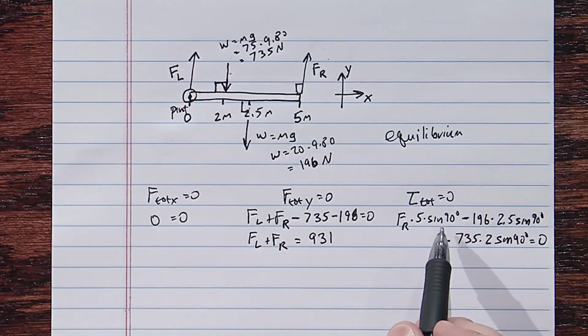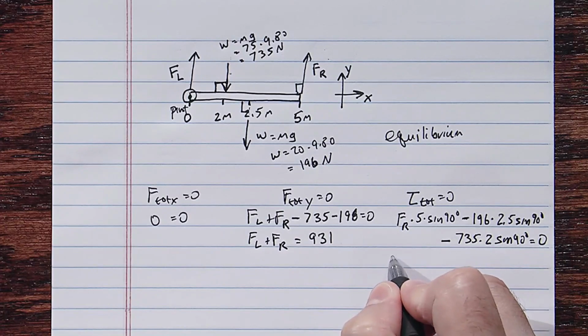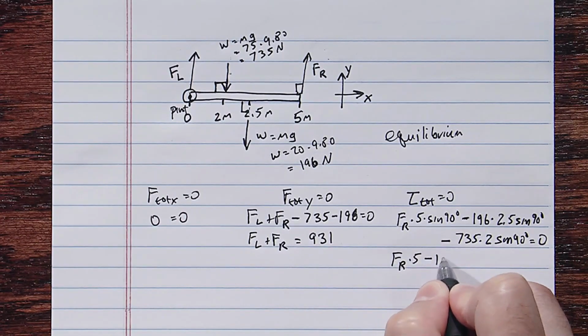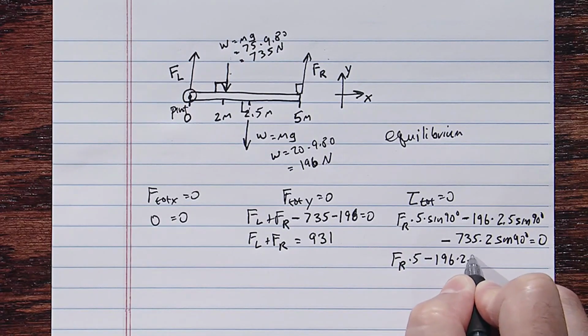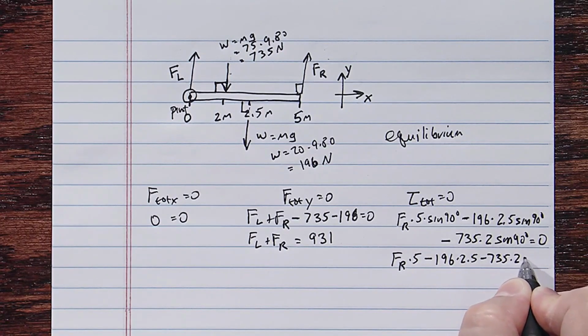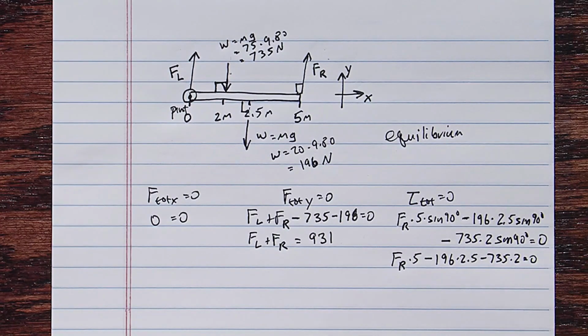Okay, all of these sine of 90 degrees is 1, so all of this simplifies to force right times 5 minus 196 times 2.5 minus 735 times 2 is equal to 0, or force right times 5 is equal to, and I'll multiply this out, add them together, and then add them to both sides.